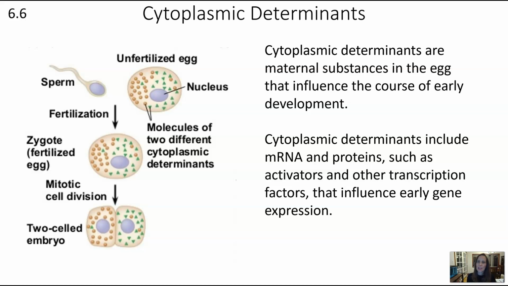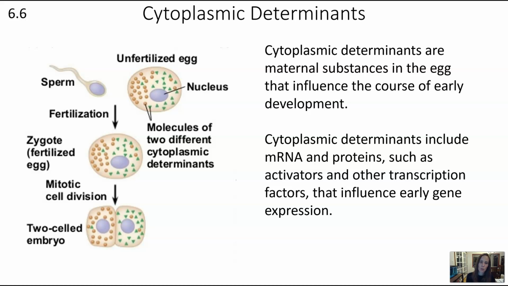Keep in mind that the egg is quite a bit larger than the sperm, and so carries with it a lot of additional material rather than just the genetic material. So cytoplasmic determinants include mRNA and proteins such as activators and other transcription factors, and all of these things can influence early gene expression. If you notice in this diagram, that unfertilized egg has different cytoplasmic determinants in it that are unevenly distributed throughout the egg.